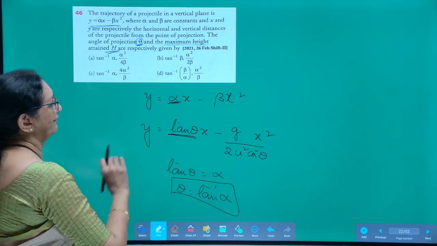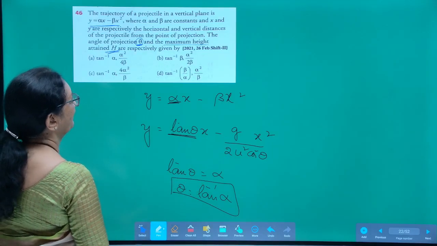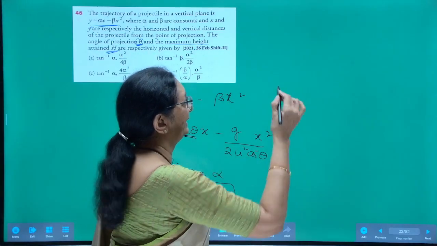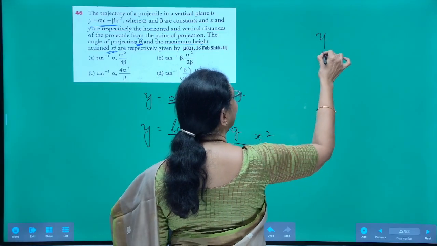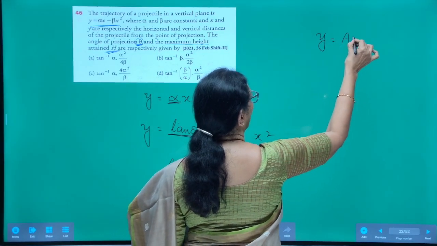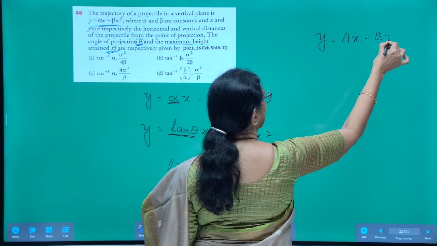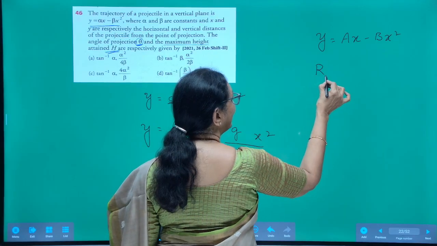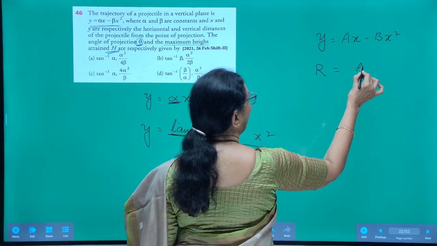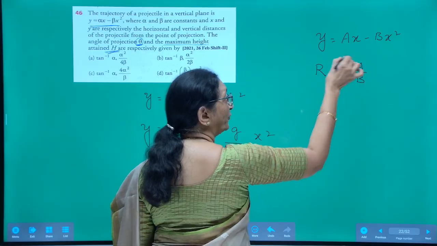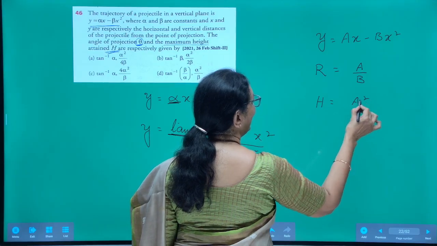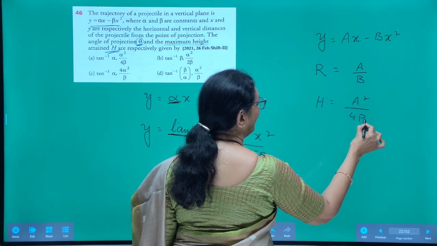Next, you have to find out the maximum height reached. Look here. Actually, in the synopsis part, we have learnt like this. y is equal to ax minus bx square in case of a projectile, then range is equal to a by b. We have proved that, and maximum height reached is equal to a square by 4b.